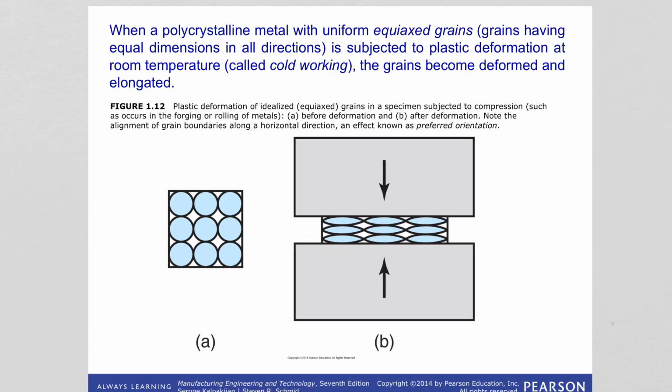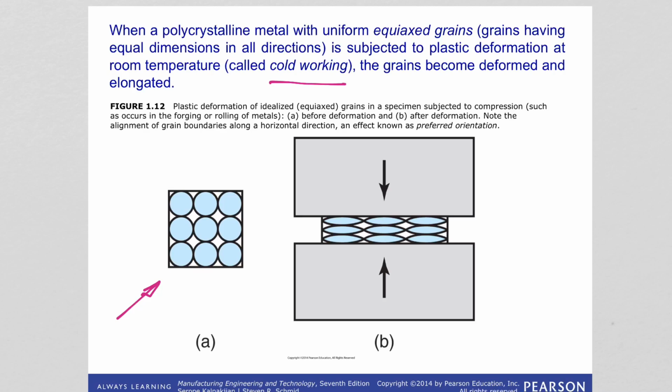So when we have a polycrystalline metal, as you see, the grains are equiaxed. That means they have equal dimensions in all directions. If they are subjected to plastic deformation at room temperature, that is what we call cold working, right? So we are working on the metal at room temperature.